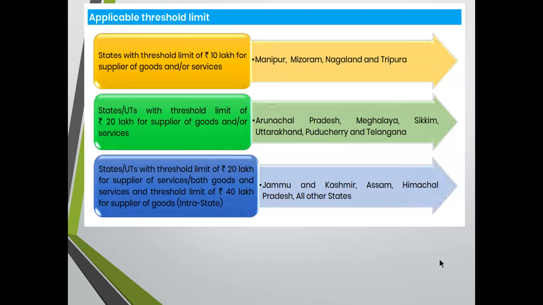So kindly type your state along with the threshold limit as per this chart. Everybody, if you are in Assam, you type the third column. If you are in Telangana, it would be the second. If you are in Manipur, the first would be. Likewise, type your state and type the threshold limit. The third category is only 40 lakhs in case of goods alone, 20 lakhs in case of services or services along with goods.